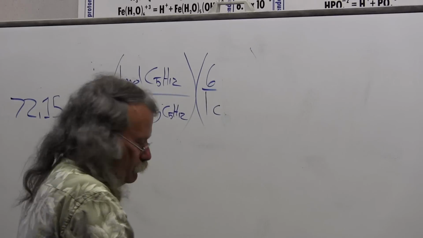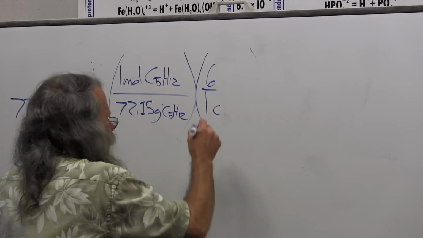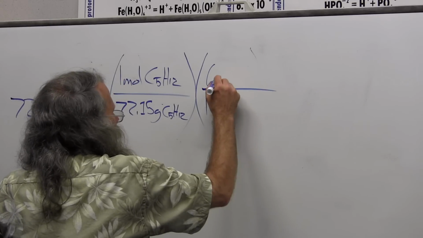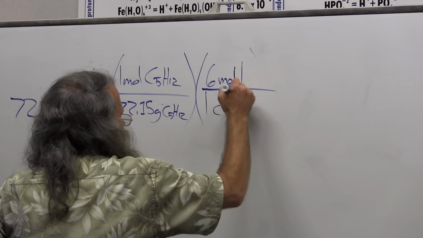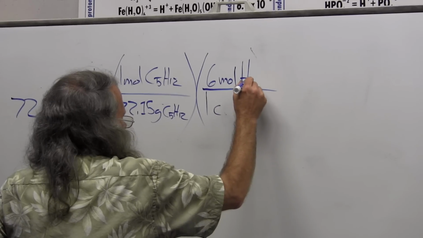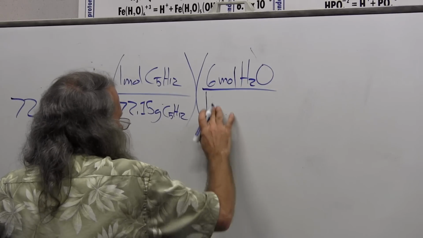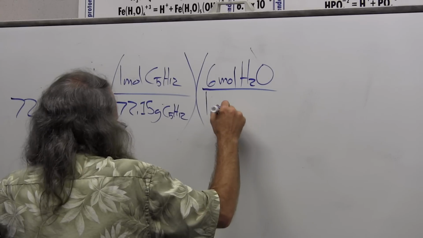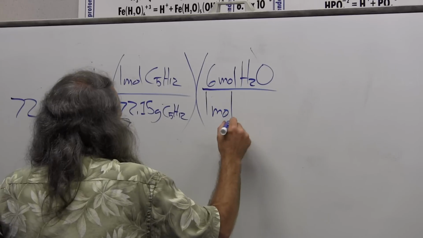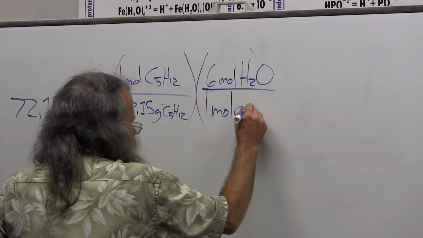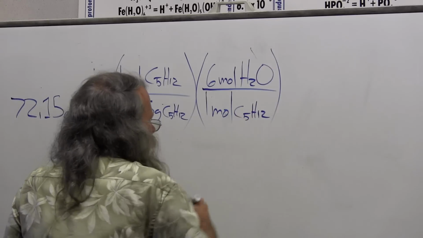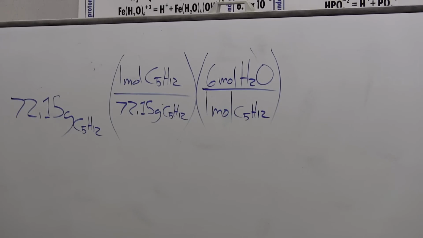Even though this is scratch paper, let's not take shortcuts. 6 moles of H2O for every 1 mole of pentane. Okay. Had to fix that.